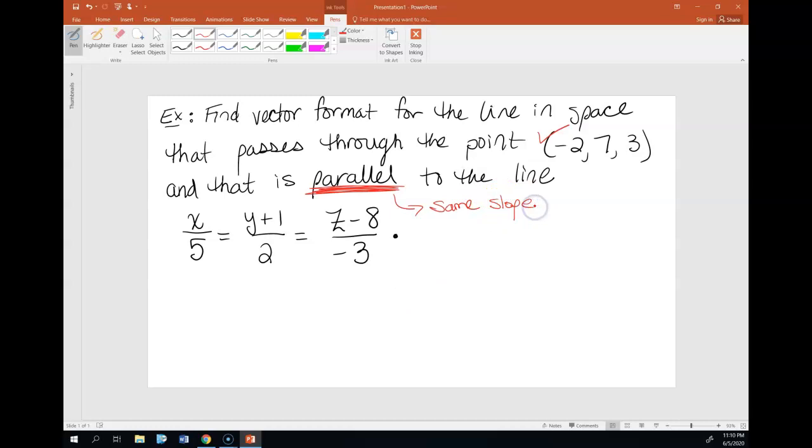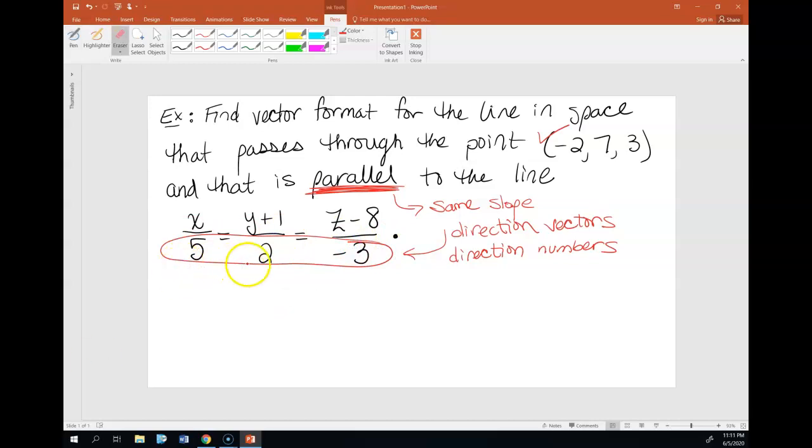Well, we don't exactly use slope here in 3 dimensions. What we use are direction vectors. And those components within the direction vectors are called our direction numbers. In the symmetric format, our direction numbers are in the denominator.